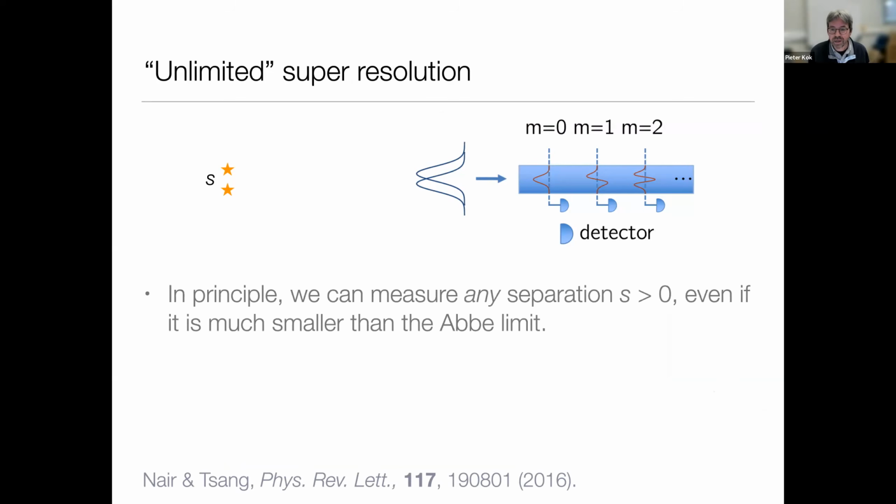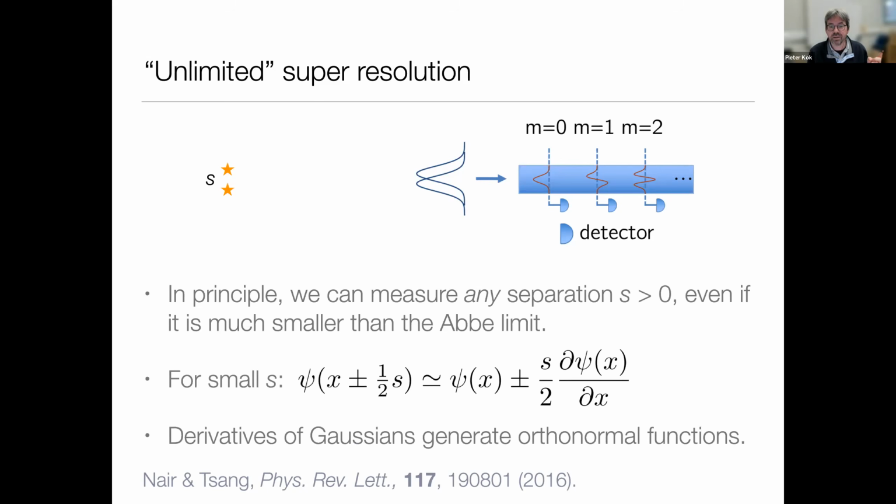And so the way that works is, for any separation s between the two point sources, the two stars there, for very small s, the state that you get is psi of x plus or minus a half s. And so if you do a Taylor expansion of this, we end up with psi plus or minus something that goes with the derivative of psi.